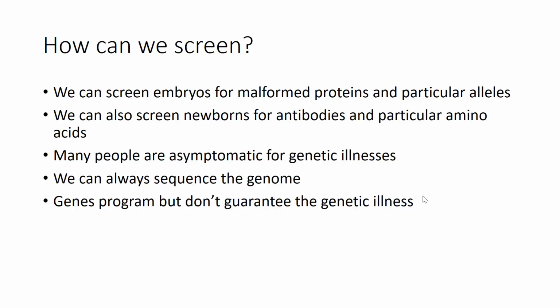And so while those illnesses may be caused by particular mutations, particular programming in the genes, we can alter the environment to overcome that. And so this is a really important point to keep in mind. And this is really oftentimes what we're doing when we are personalizing medicine. We are altering the environment to overcome what the programming is dictating.